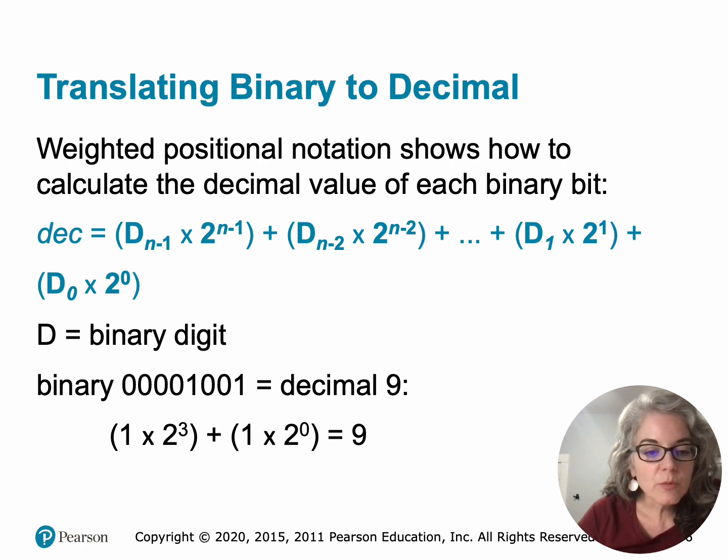So this here is worth 1. 2 to the power of 3: 2 times 2 is 4, 4 times 2 is 8, 8 times 1 is 8. This is worth 8. 8 plus 1 equals 9. So binary number 00001001 is a 9 in a decimal number.